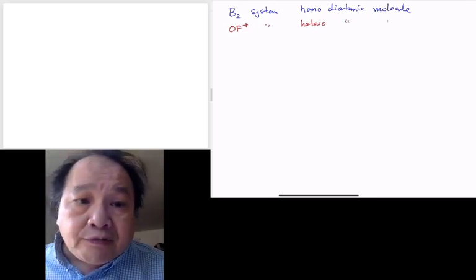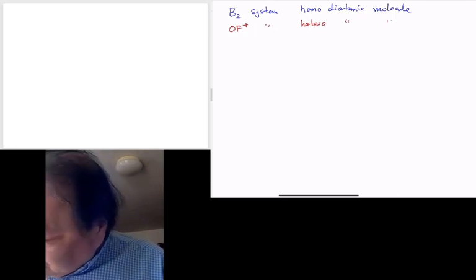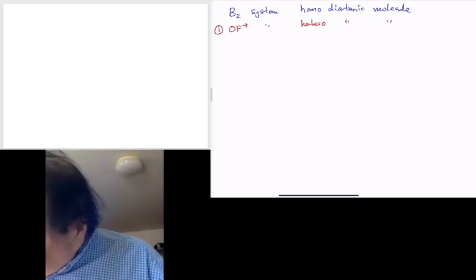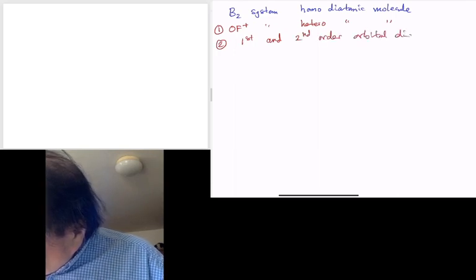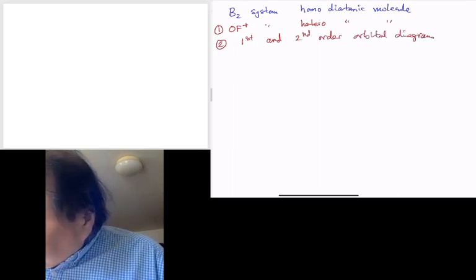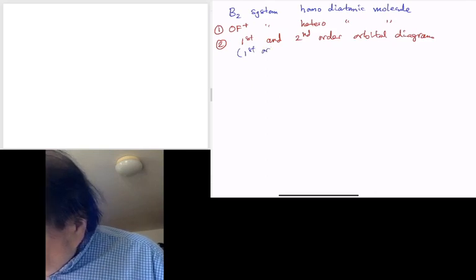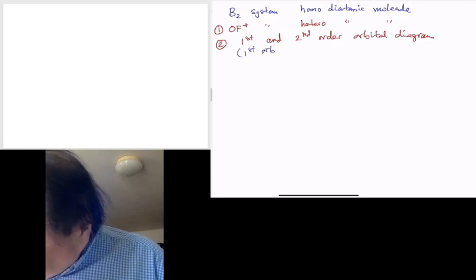The second objective of this clip will be to look at first and second order orbital diagrams. The diagram we're going to look at here in this clip will turn out to be the first order orbital diagram.